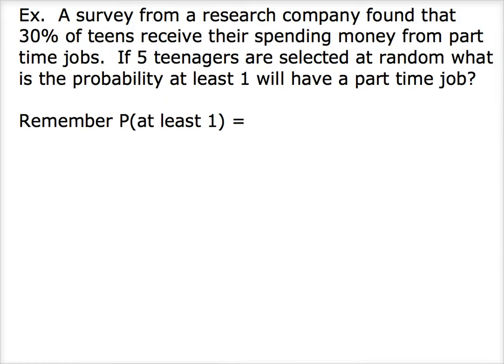A survey from a research company found that 30% of teens receive their spending money from part-time jobs. If 5 teenagers are selected at random, what is the probability that at least 1 will have a part-time job? Remember, the probability of at least 1 is equal to 1 minus the probability of none. When we refer to the probability of none, we're talking about none of the teenagers having a part-time job.